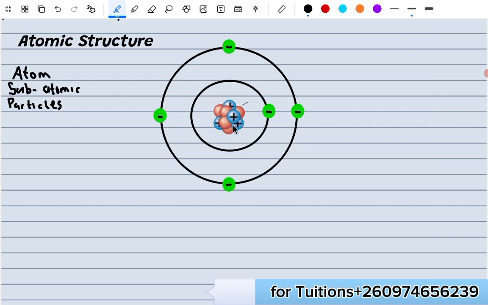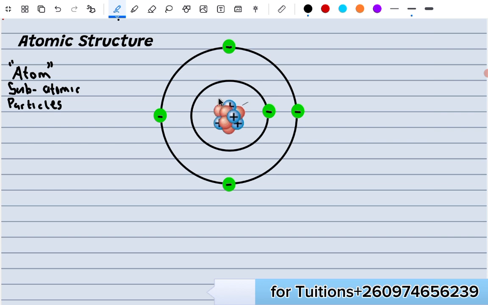These subatomic particles are found at the center here. So you have the atom, which is the smallest particle in an element, but it has other smaller particles that we call subatomic particles. The subatomic particles are found at the center here.